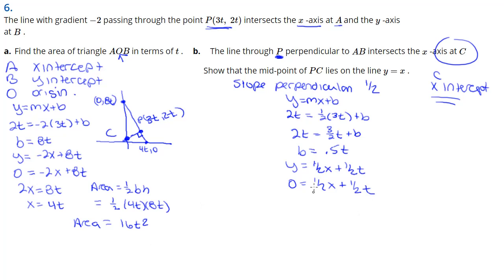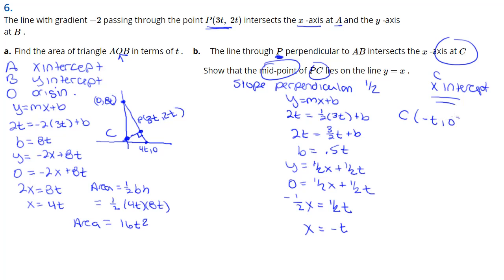And when we have -1/2 x on the one side, it's going to equal 1/2 t. And then all we've got to do is divide both sides by -1/2. And then we're going to find out that x is equal to -t. So there's our x-intercept. It's (-t, 0).